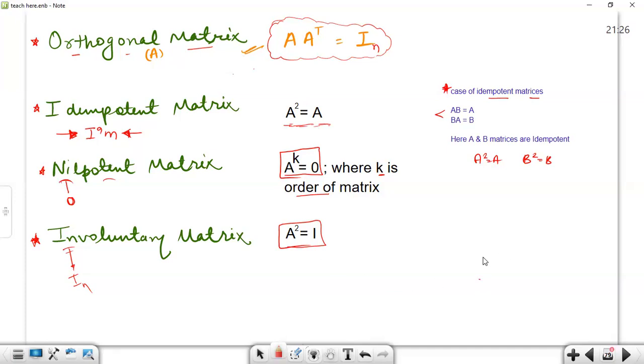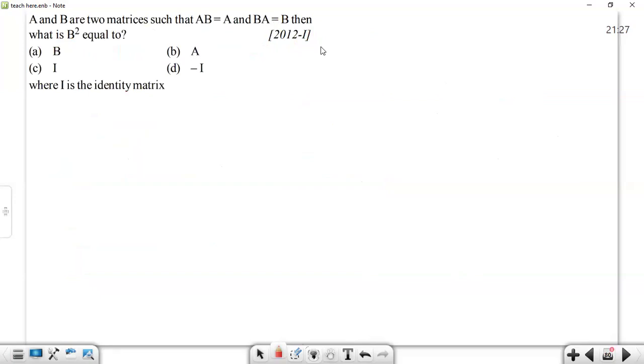Okay, let's move ahead. So this is the question. It is given that A and B are two matrices such that AB is equal to A and BA is equal to B. Then we have to find B square.